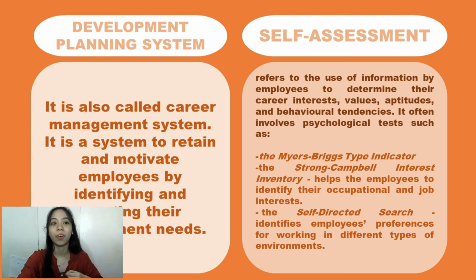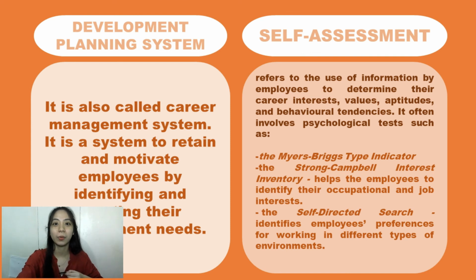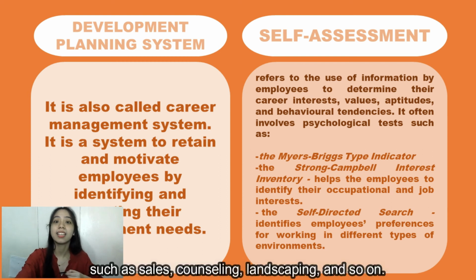It often involves psychological tests such as the Myers-Briggs Type Indicator, which will be discussed later, the Strong Campbell Interest Inventory, which helps employees identify their occupational and job interests, and the Self-Directed Search, which identifies employees' preferences for working in different types of environments, such as sales, counseling, landscaping, and so on.